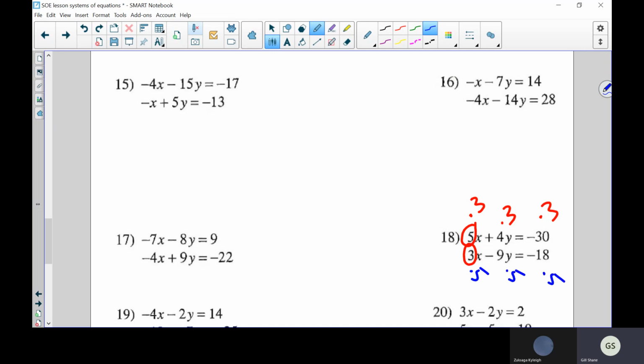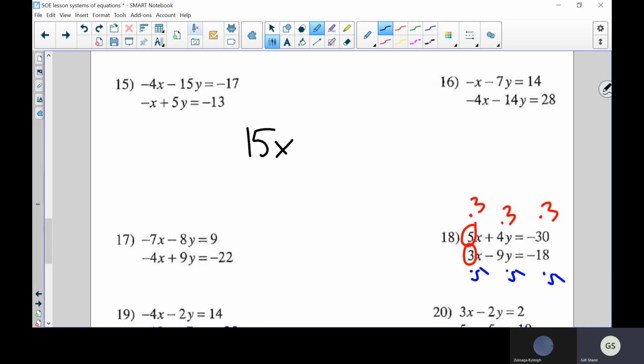So we took this 5 and multiplied it times everything in the bottom equation, and this 3 times everything in the top equation. That's not 0.3, that's times 3, times 3, times 3. If I do the math on that, I better get the same number in front of the variable x.